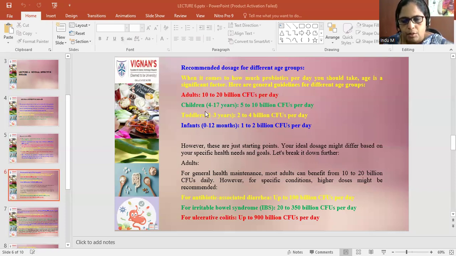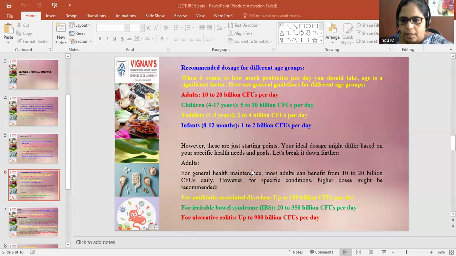For children of 14 to 17 years age, the recommended dose is 5 to 10 billion colony forming units per day. Toddlers of 1 to 3 years age, 2 to 4 billion colony forming units per day. Infants of 0 to 12 months, 1 to 2 billion colony forming units per day. So this is the recommended dosage for different age groups.